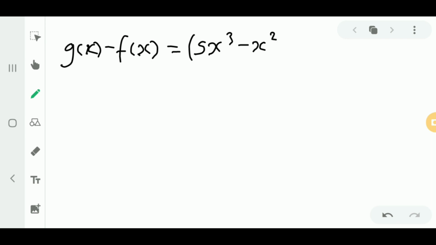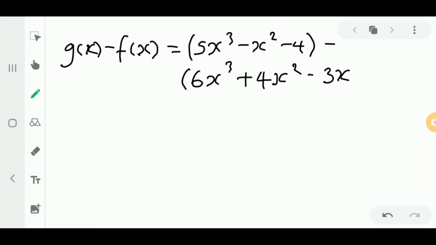Now let's say we want to find g of x minus f of x. Because g of x comes first, we have to put g of x first. So we have 5x cubed minus x squared minus 4 minus f of x, which is 6x cubed plus 4x squared minus 3x plus 2.